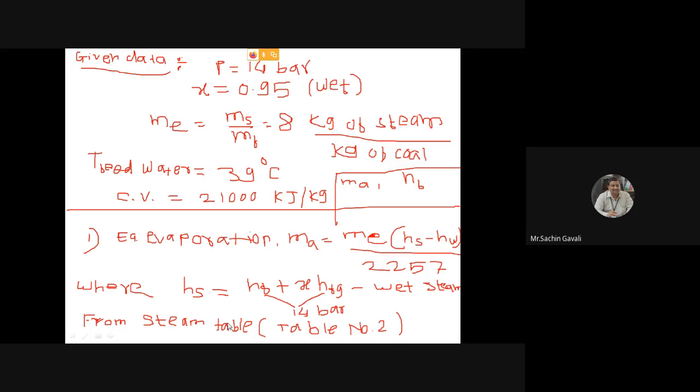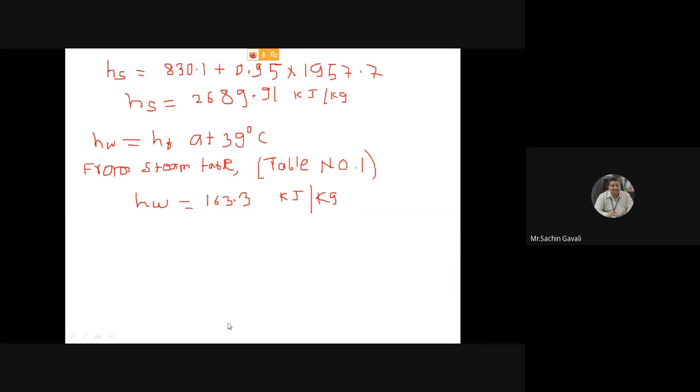Are you getting? Now we got HS, we got HW, we know ME is equal to 8, we know 2257. And shall we calculate equivalent evaporation now? Equivalent evaporation MA is equal to ME into (HS minus HW) divided by 2257.